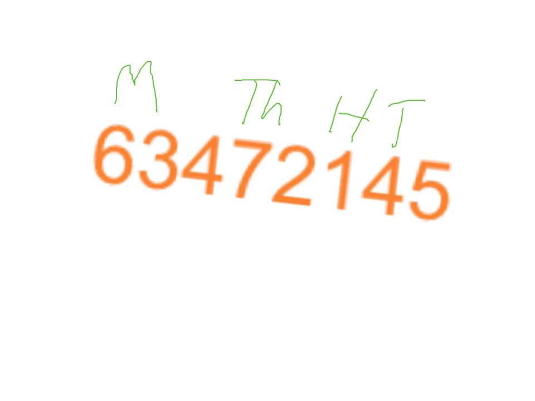We just need to focus on the ones in that last number. This one here, the 5, is that odd or even? Of course, 5 is an odd number. So this whole number altogether, 63,472,145, is odd.